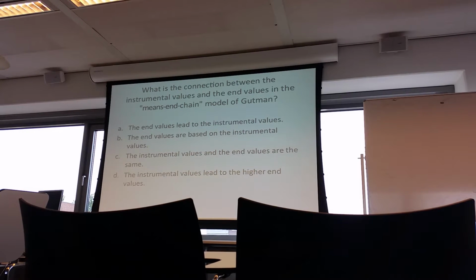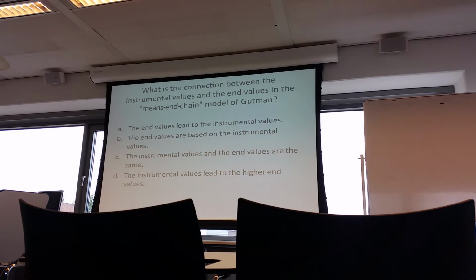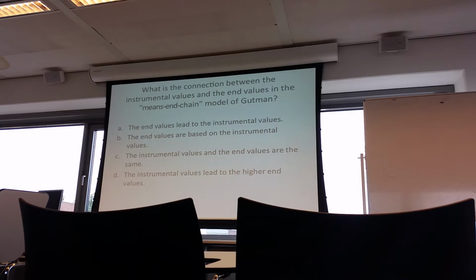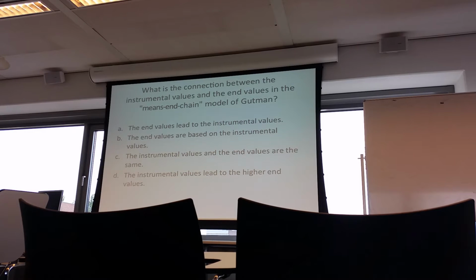Then, what is the connection between the instrumental values and the end values in the means-end chain model of Goodman? A, the end values lead to the instrumental values. B, the end values are based on the instrumental values. C, the instrumental values and the end values are the same, or D, the instrumental values lead to the higher end values.